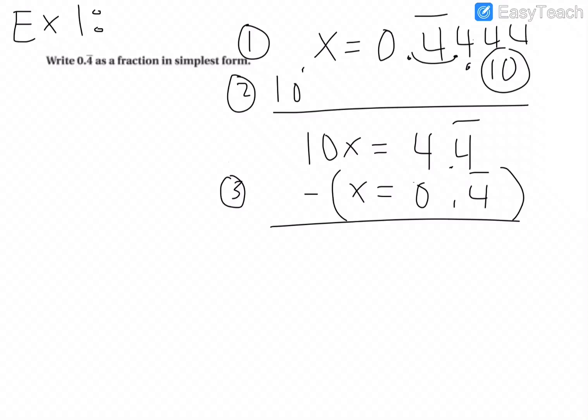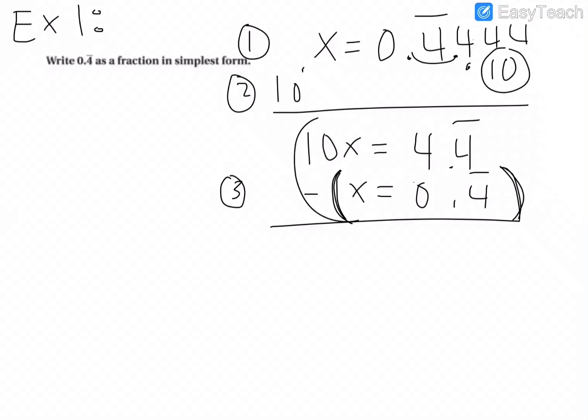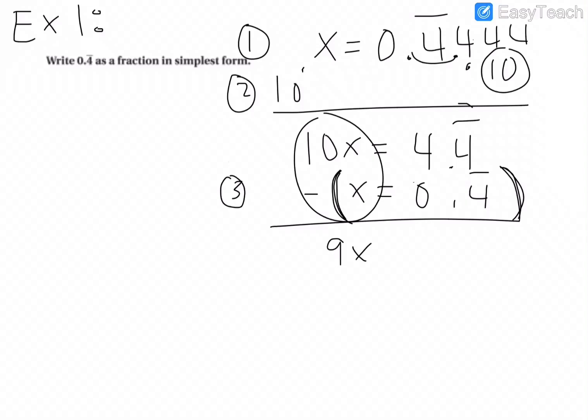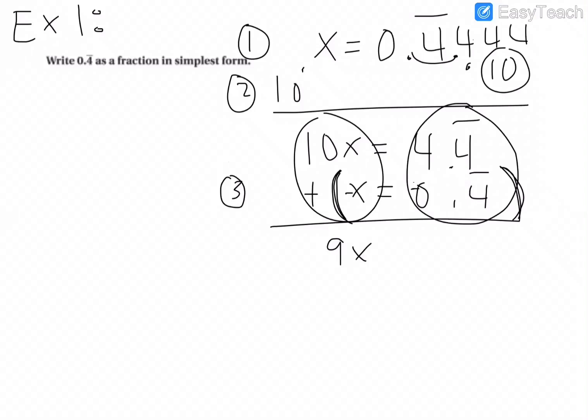A word of advice, because we're about to get into a crazier one: don't forget to put this in parentheses, because you're taking away both x and the repeating decimal from each side. You're taking away x from 10x, that gives you 9x, but you're also taking away the 4/10 from the 4 and 4/10. So don't think that you're adding there. You might even want to show that you're subtracting everything.